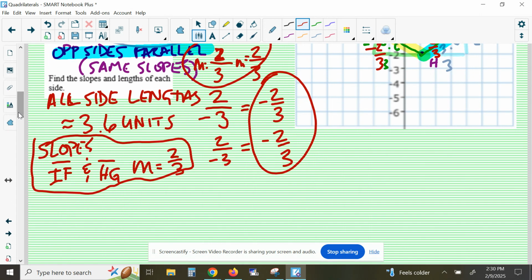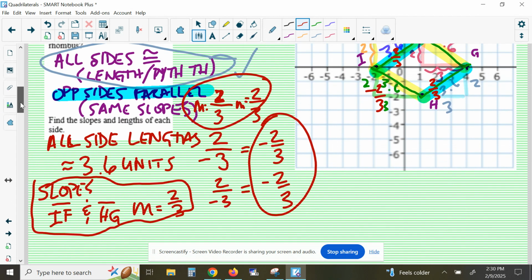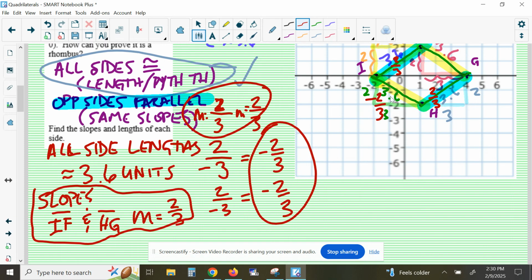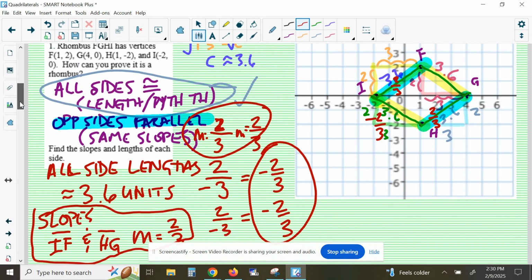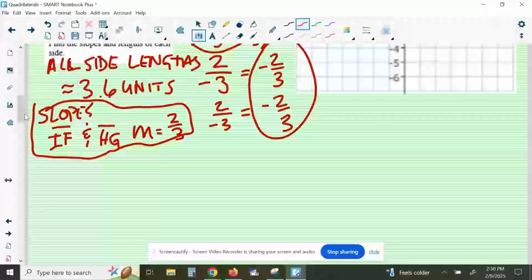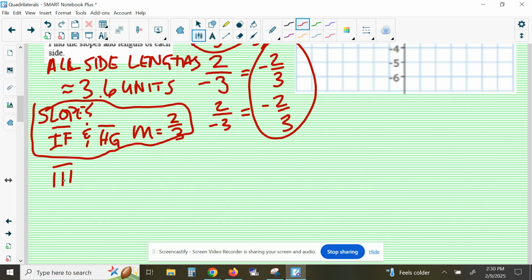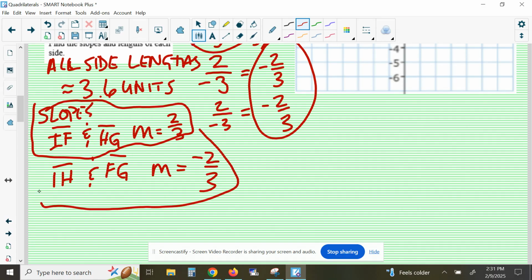And then we have the slopes of the yellow pieces, which were I to H and F to G. The slopes were -2/3. Sound good?